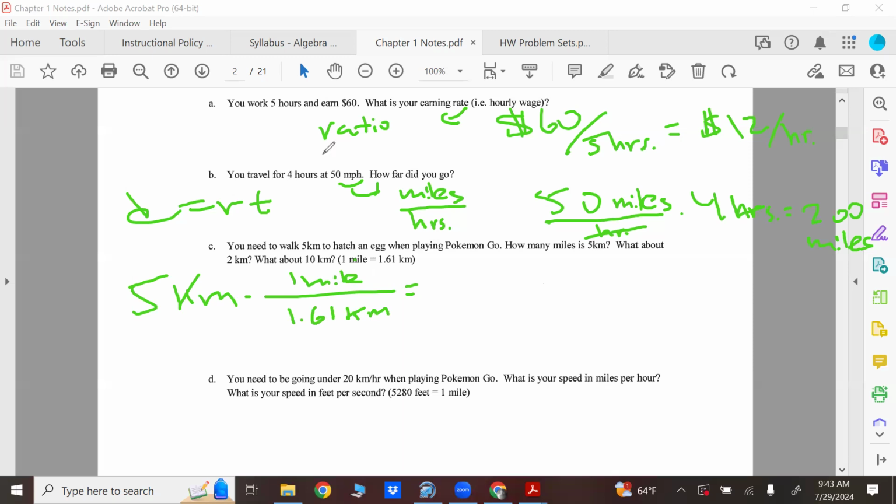Because if you do it the other way around, you don't get the cancellation then, right? Instead, you get something else. You get kilometers squared, or miles. You get something really, really weird. Because it should be less, right? Because you get more kilometers to a mile, right?